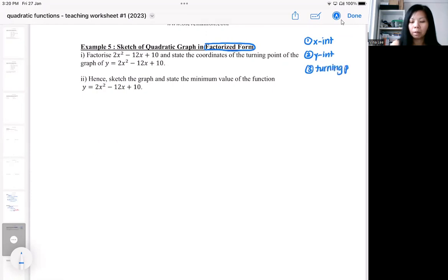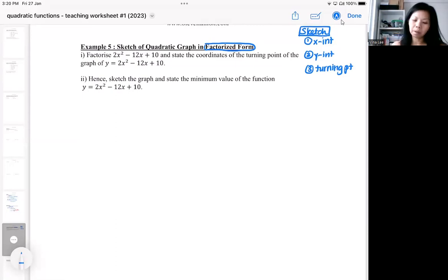For the turning point, if it's a factorized format, we will have a different method from the complete square format. Whatever it is in a sketch, you must remember these three things. If you remember these three things, it will guide you in three blocks of working. So let's try to follow this example first.